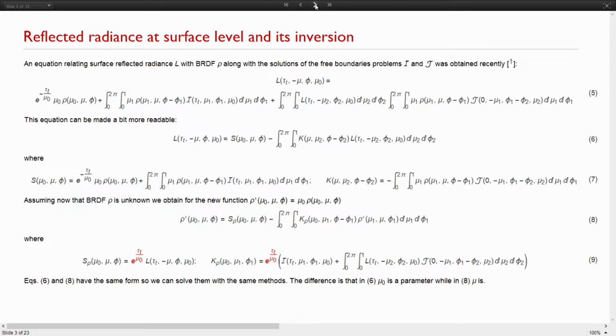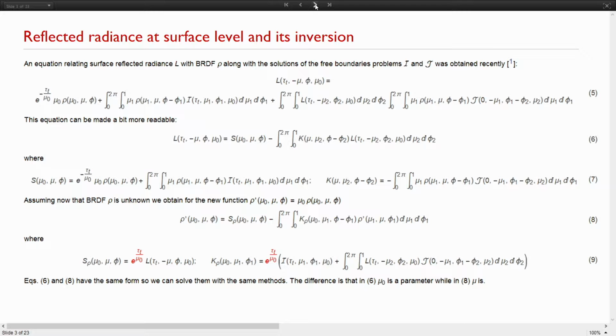The problem is that likely this equation is an ill-posed problem because the exponential factors in both S and K can get really huge. And we'll see that this causes a problem with solving equation 8.